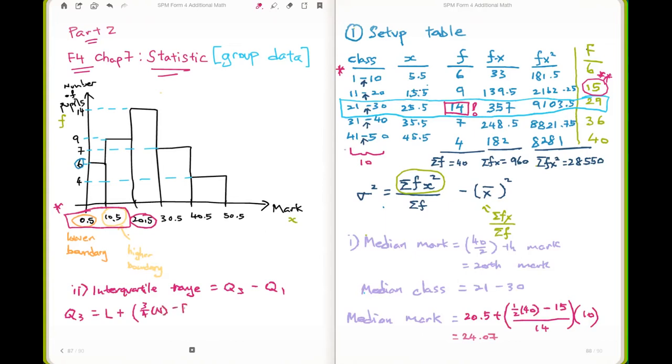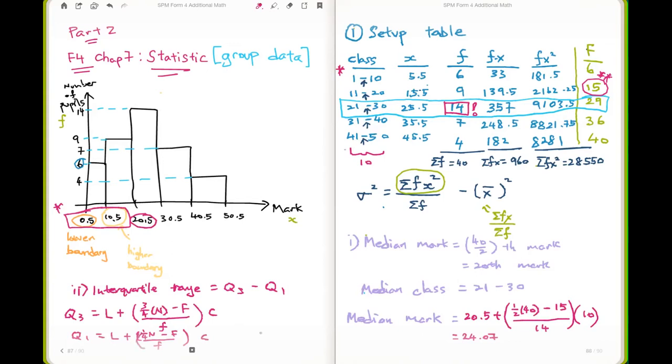Subtract the cumulative frequency before the class, over the frequency at the third quartile, times the class size C. Whereas for quartile 1, it is lower boundary, 1/4 instead of 3/4, subtract capital F over small f times C. Calculate the answer, and then you get the difference.